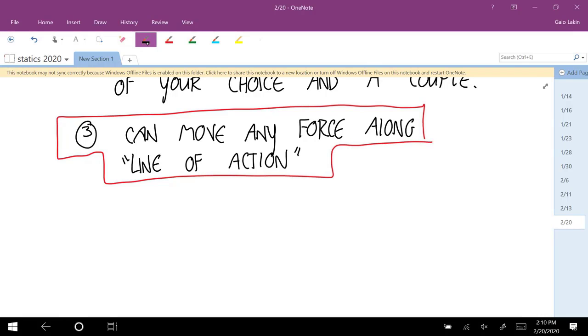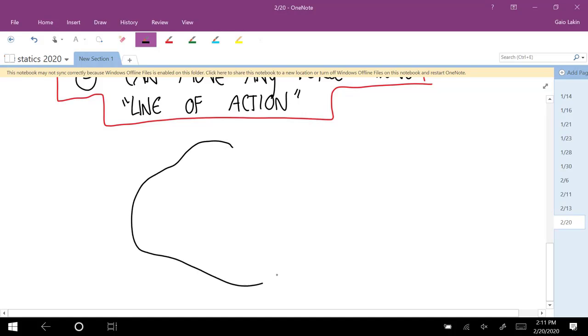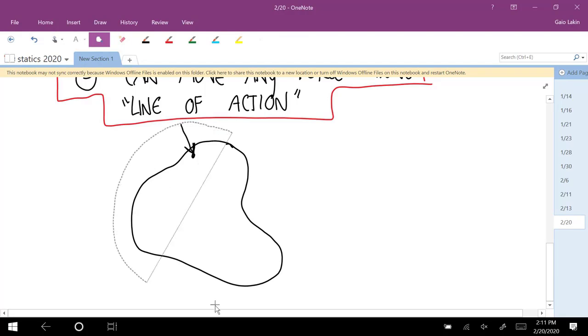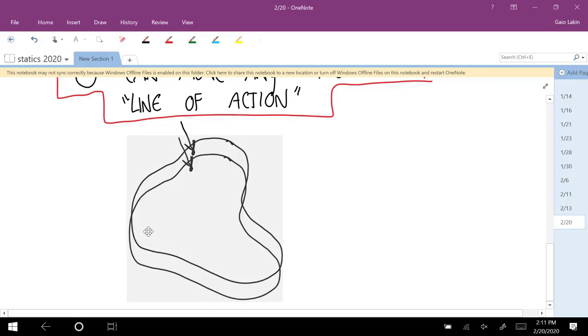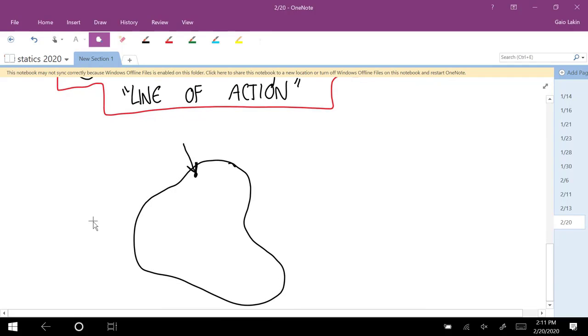And so what that says is if you have some object and there's a force vector acting on it there, okay? The line of action is the line that is parallel to that vector and goes through the point where the force is applied.